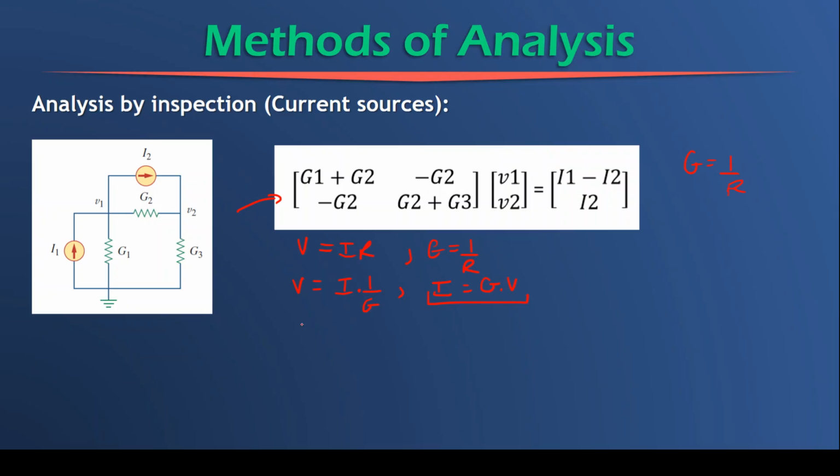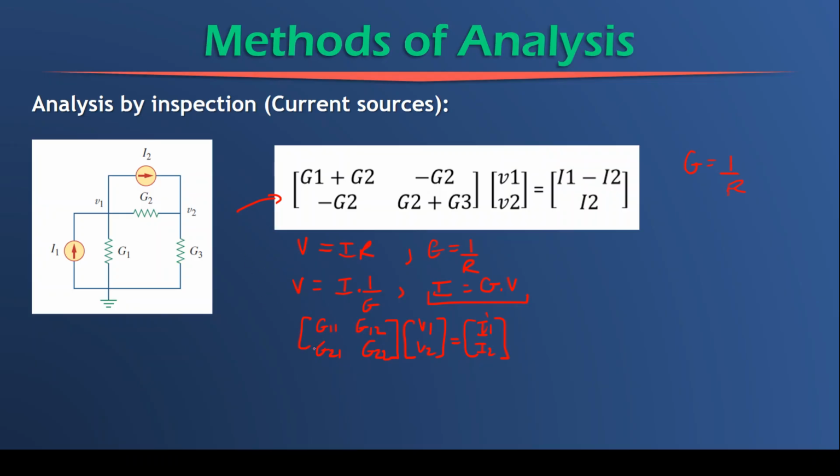So we can say G times V, in other words, G11, G12, G21 and G22 multiplied by the voltage V1 and V2 is going to give us the current I1 and the current I2. And this is the matrix form that is similar to what you see there.